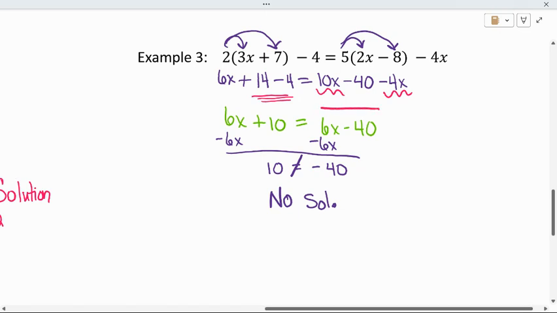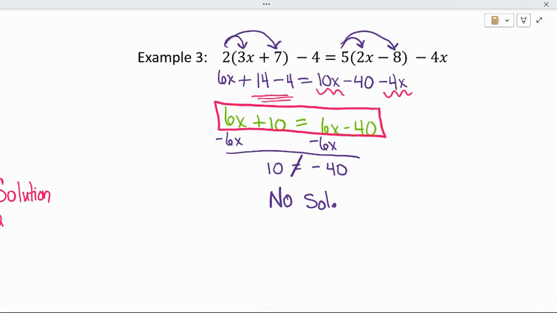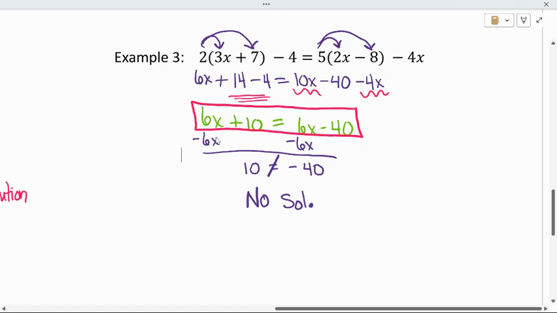I do want to kind of put a box around this. And I want to talk about this because you guys are going to be so familiar with solving equations that actually you're going to be able to tell if something has 1 solution, no solution, or infinitely many right when you get to a binomial on one side and a binomial on the other, right? We talked yesterday about a binomial, 2 terms on each side. So notice that when I look at this box, I have the same variable terms on both sides.